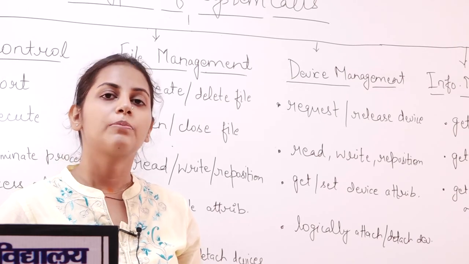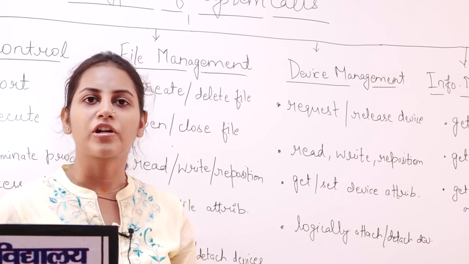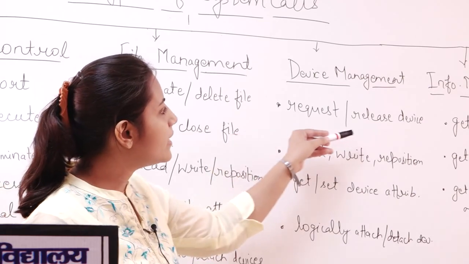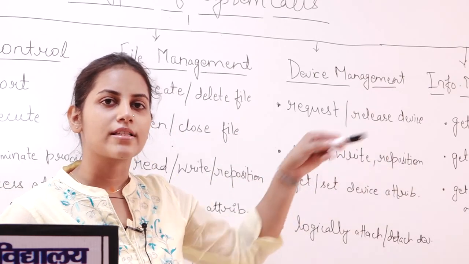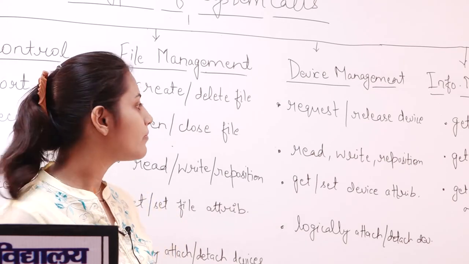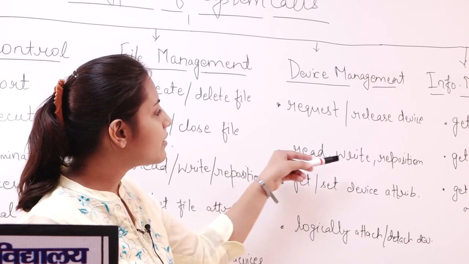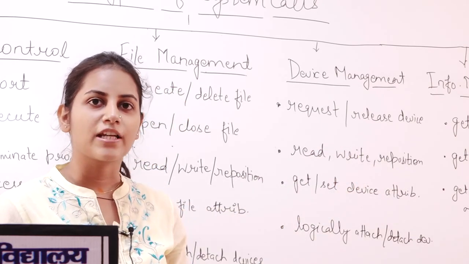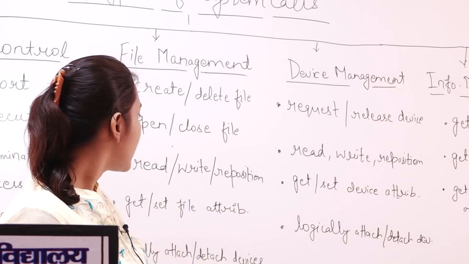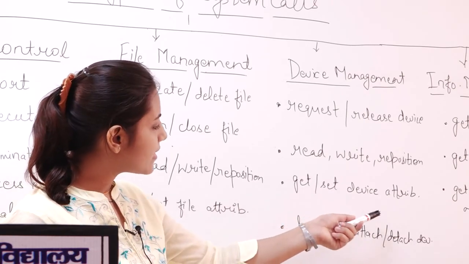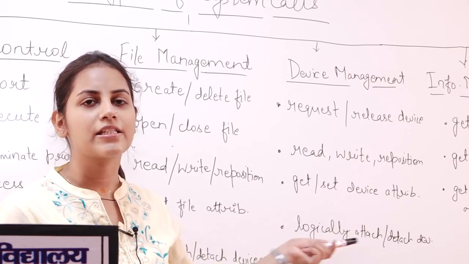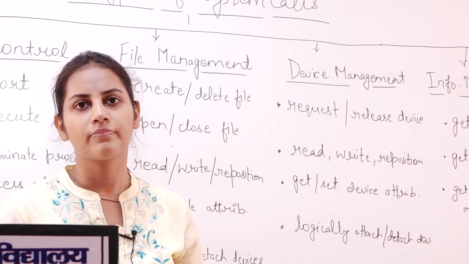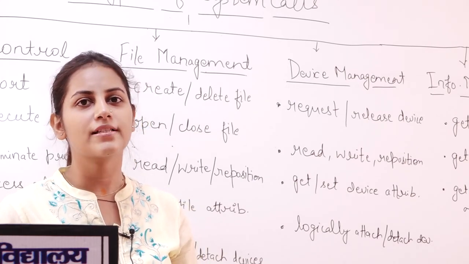For this, the process needs to access the corresponding devices, and therefore request and release device system calls are provided. Similarly, read, write and reposition system calls are provided for device management as well. And then the get and set device attributes, and logically attaching and detaching devices to the operating system or to a certain program are also provided by the operating system.